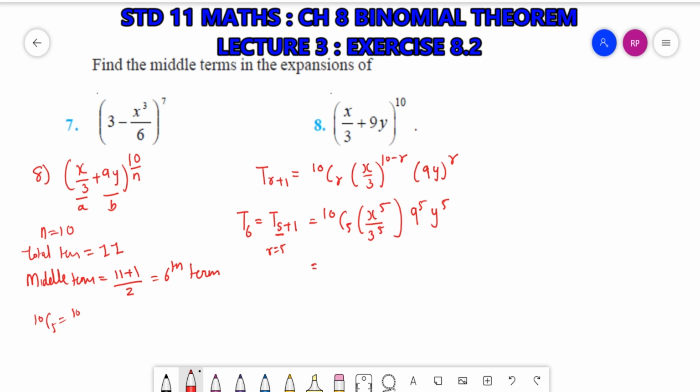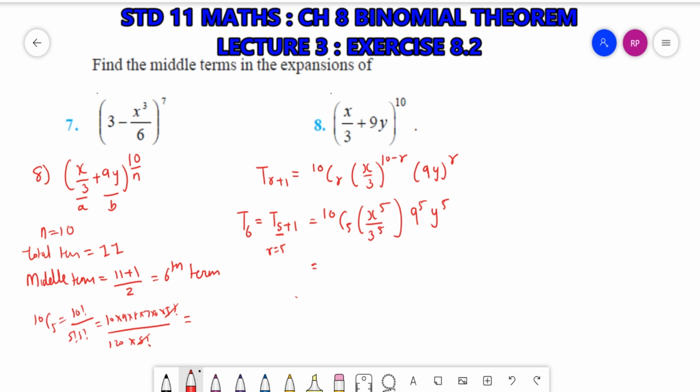10C5 is 10 factorial upon 5 factorial into 5 factorial, that is 10 into 9 into 8 into 7 into 6 into 5 factorial upon 5 factorial, that is 120, and another 5 factorial, I will put as it is. Okay, so 5 factorial gets cancelled.